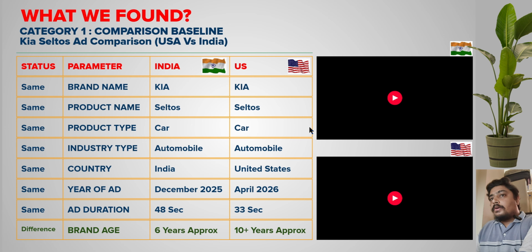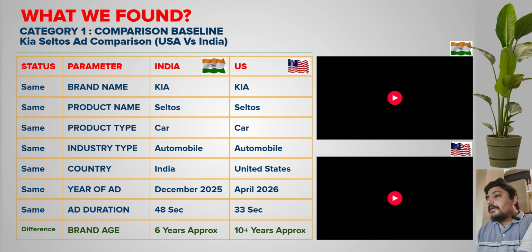All of this information is the same. There is only one thing that is different in both the ads, which is the brand age. When both of these ads were released, in India, Kia was fairly new, having entered in 2019. So the brand age of Kia in India was approximately 6 years when the ad was released, and the brand age of Kia in the United States was more than 10 years.